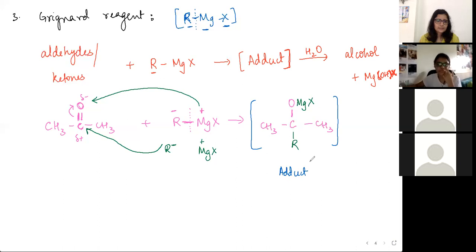Ma'am, I have a question. If I look at this thing as a compound, carbon's four valencies are satisfied, right?